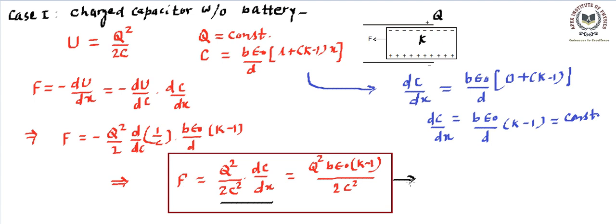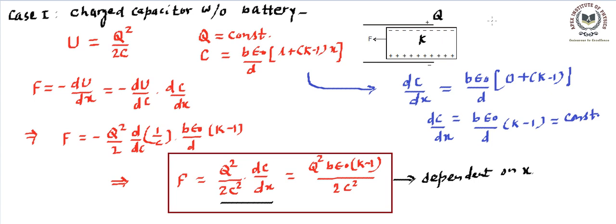So this force is not constant, or we can say this is dependent on x. We can also find out how this varies with respect to x, because C square is downside, and we can see from here, as x increases, C increases.